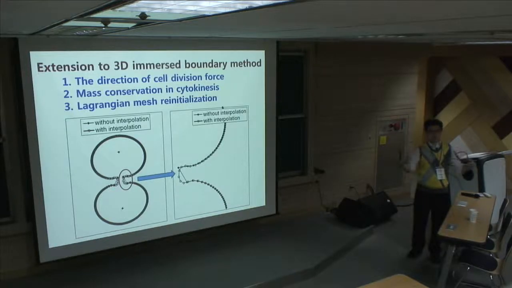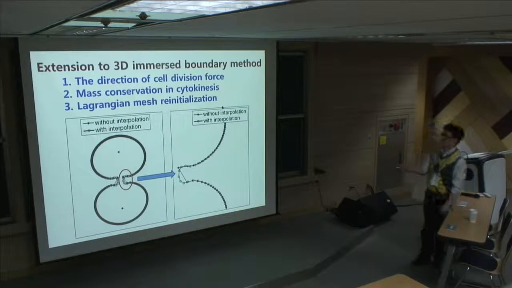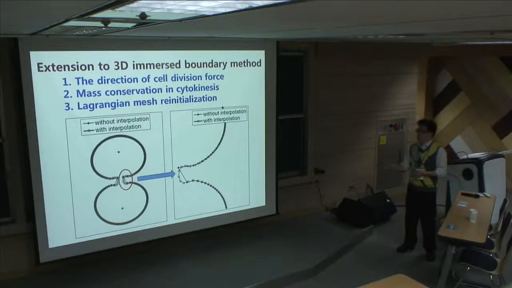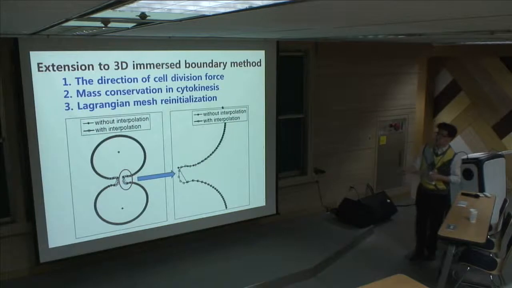Once we double the mass, before the cell division, the mass is conserved. So we have to conserve the mass, and then there are some numerical difficulties. So, mass regeneration. In the axisymmetric case, without the interpolation, we have some problems.